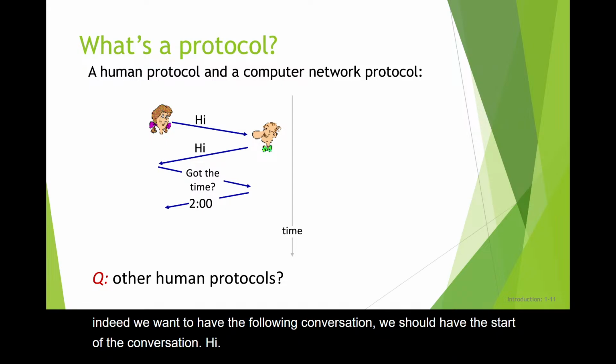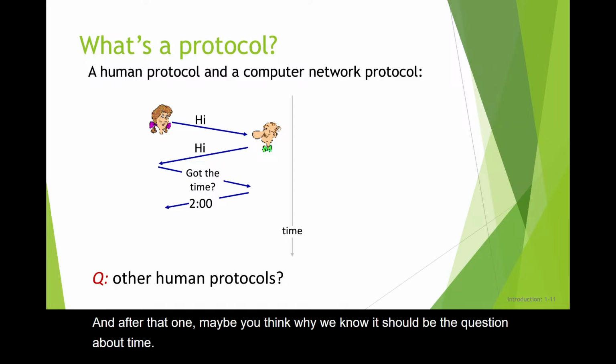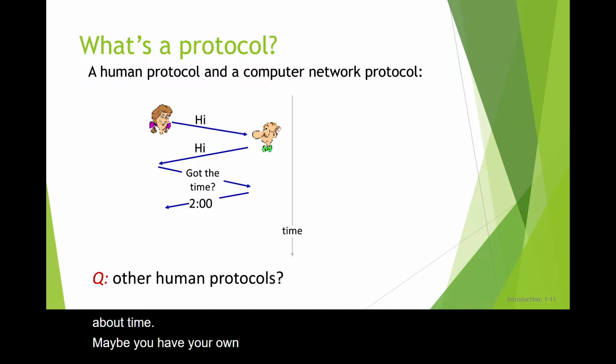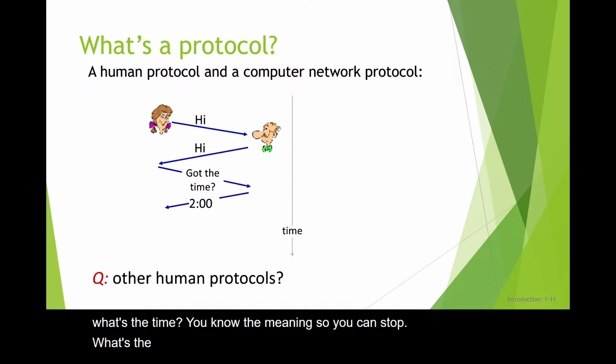And after that, maybe you think, why do we know it should be the question about time? Maybe you have your own way. Of course, if I simply have the clear question, what's the time? You know the meaning. So you can start since what's the time? And then you will have the possible answer from one of the pairs.